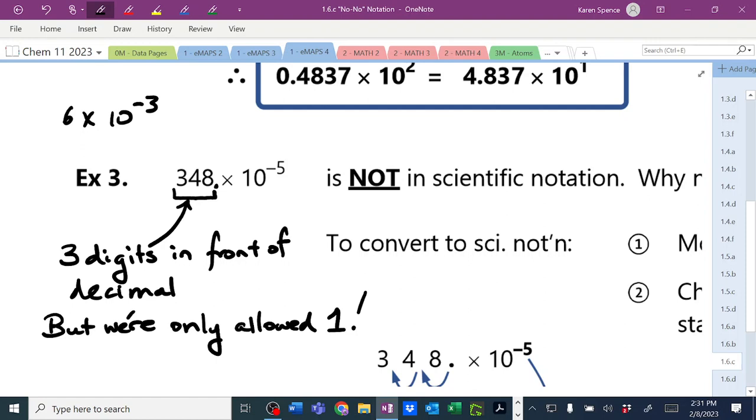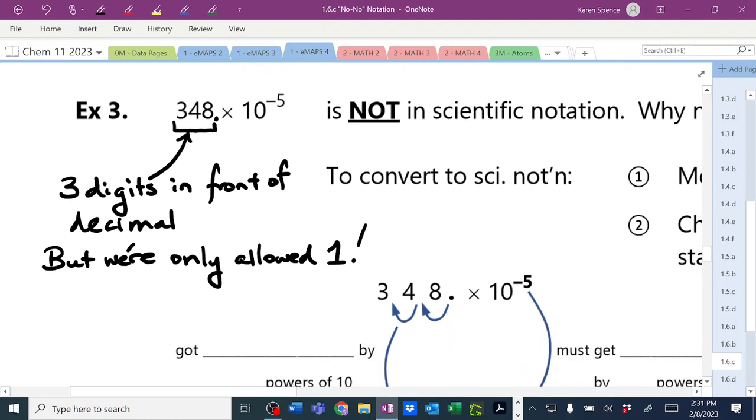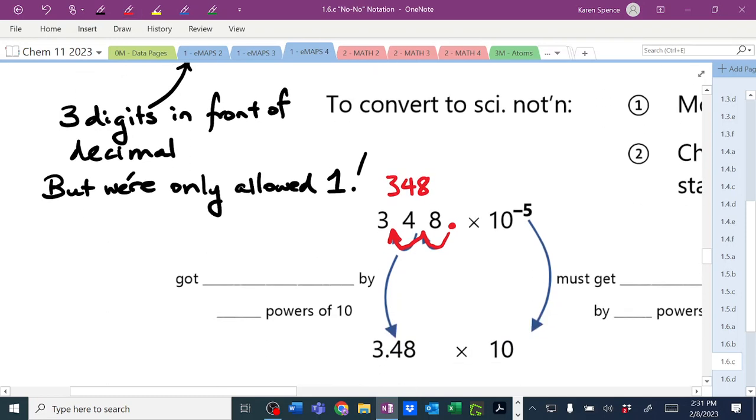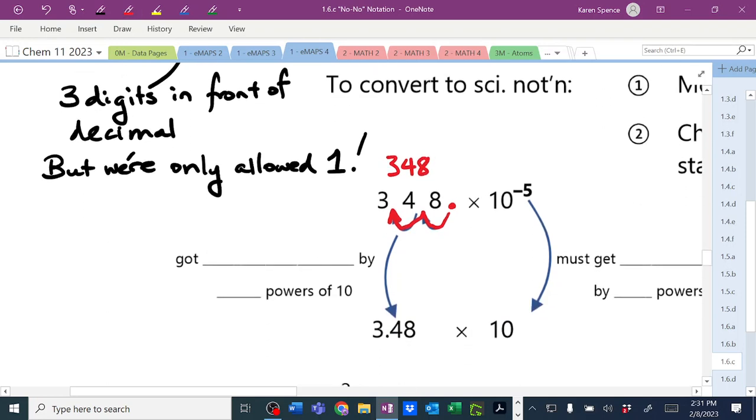So to fix that, let's move the decimal so there's only 1 digit in front of that. That means we're going to move it in between the 3 and the 4, which would change it from 348 into 3.48.